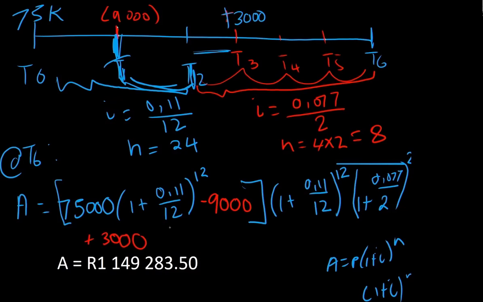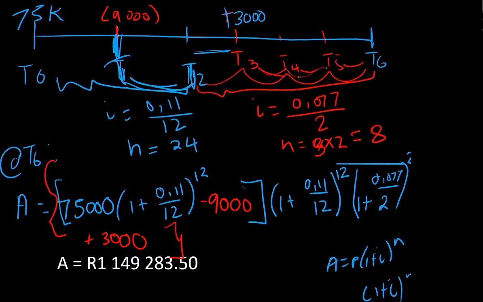And I'm then going to move this entire expression. So here I've added my 3,000, and now for the next 1, 2, 3 years, I'm going to move forward to time 6. Now my n is going to change because it's only for 3 years, because something happened at time 3.